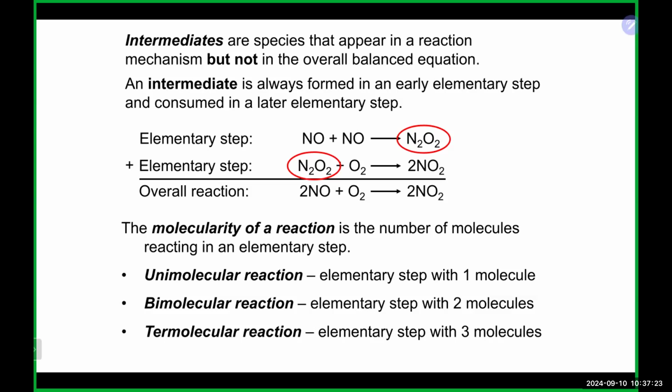Again, you don't really see 4, 5, 6 things reacting at once. So these are very common molecularities of these elementary steps. Probably 1 and 2 is very, very common. In the case above here, both of those elementary steps have two things reacting on the reactant side, so they both would be considered bimolecular.